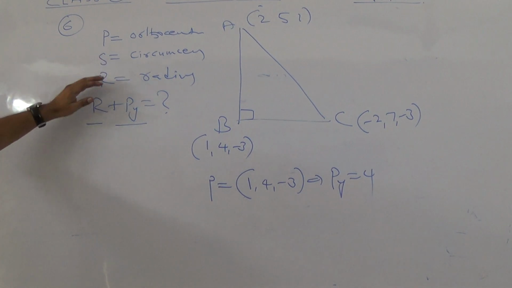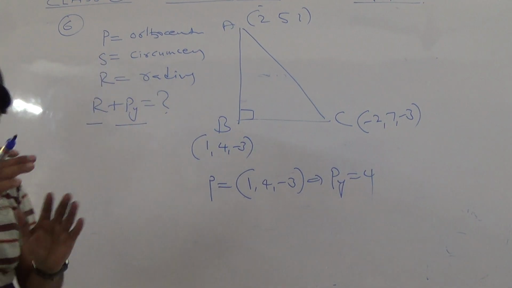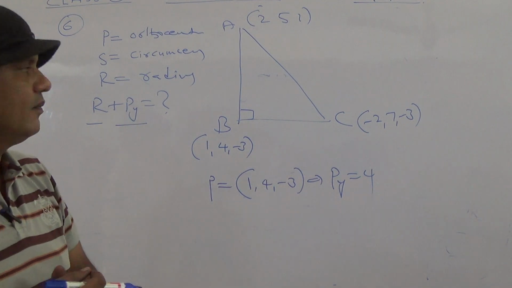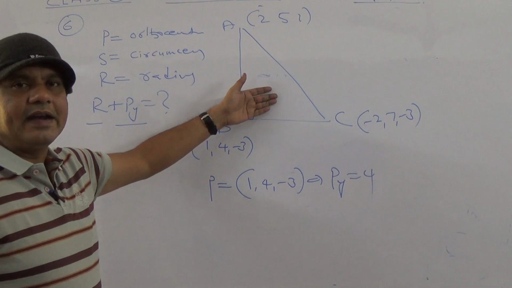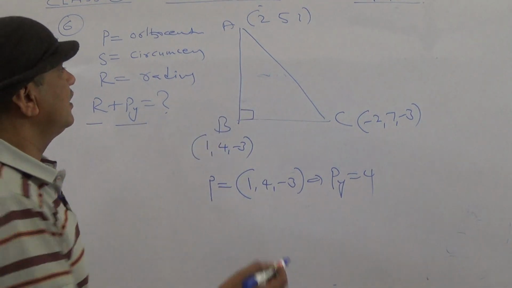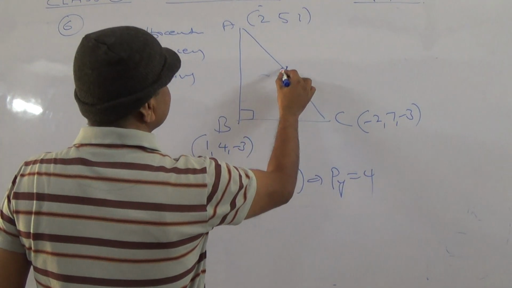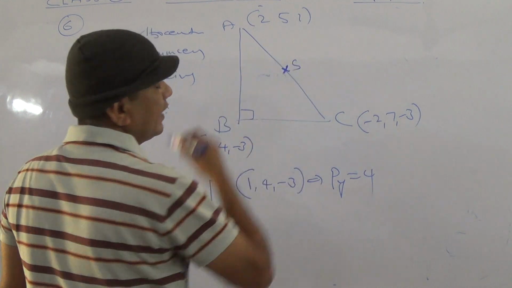Circumradius. To find the circumradius, we need the circumcenter. It is a right angle triangle, so the circumcenter is the midpoint of the hypotenuse.